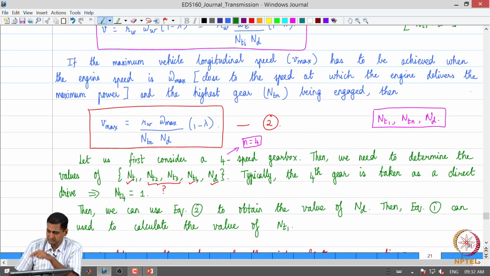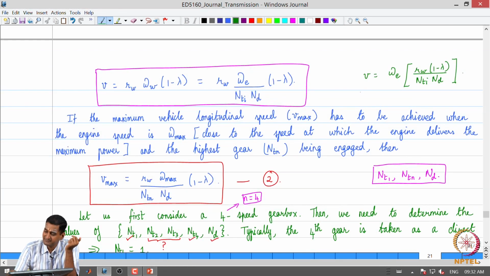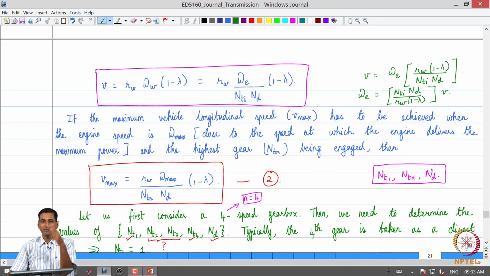Or we can rewrite the other way, omega E is going to be equal to NTI ND divided by RW times 1 minus lambda V, because in this plot we are plotting omega E on the vertical axis and V on the horizontal axis.